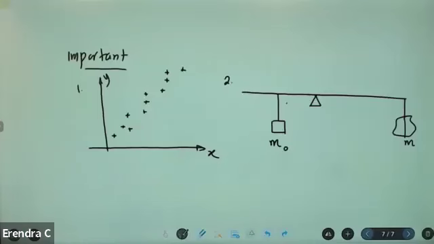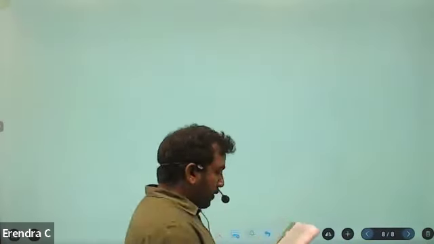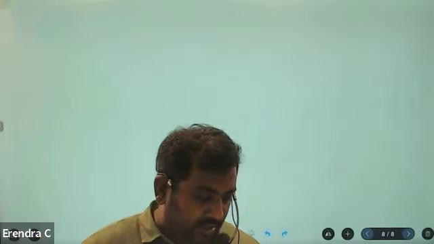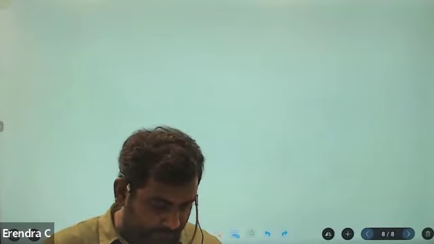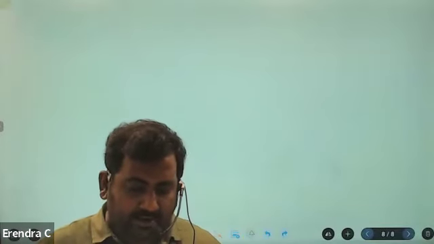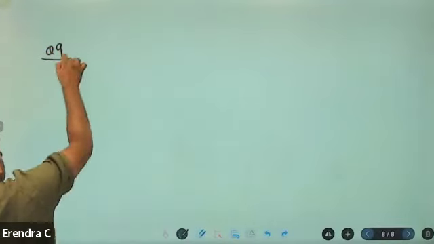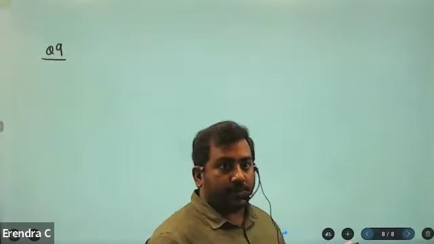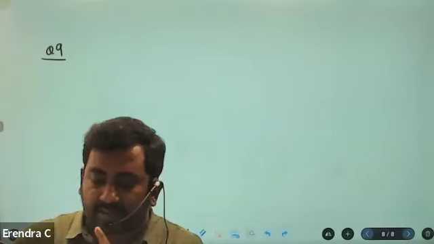Right. Before we move on with rotational motion, there are a few questions I could not discuss. Page 11, question number 9. A sphere attached to a thread is whirled in a circle.